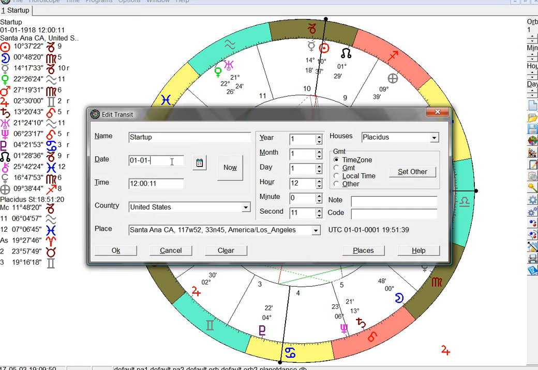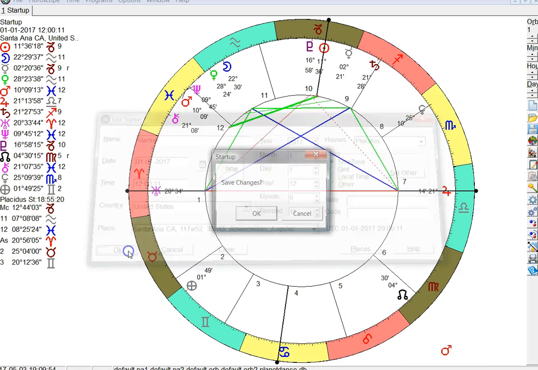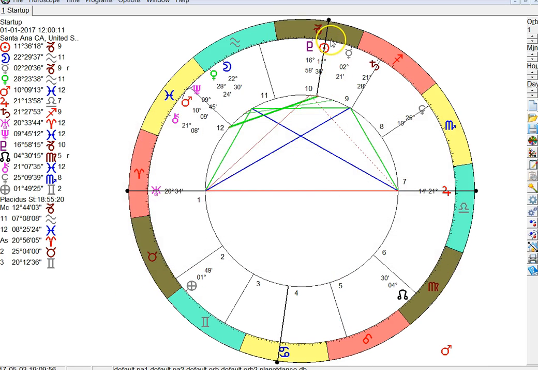From 1918 to 2017, the Sun's location relative to the IC does not change. The other planets will change, but the Sun's location will not change. And that's what we will be using to determine whether your software is calculating daylight saving time or not.